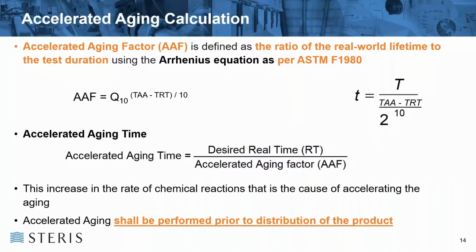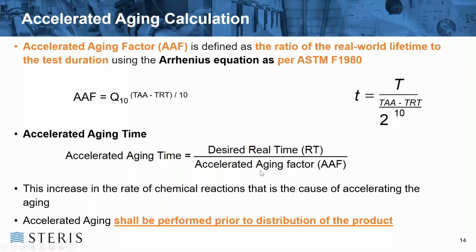So if we look at the formula that's given for accelerated aging, the accelerated aging factor, or the AF, is the part of the formula under the line, what you're actually using to divide into the time that you want to assess. So if you have, for example, an accelerated aging temperature of 55 degrees and an ambient temperature of 25 degrees, your accelerated aging factor will be a value of 8.